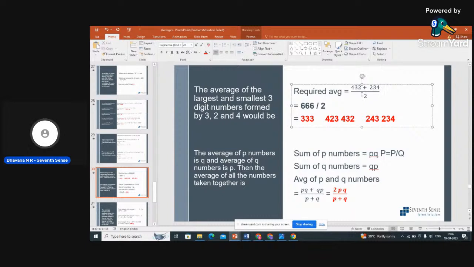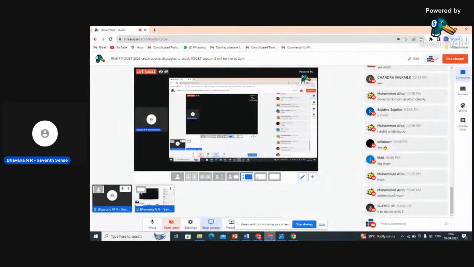So we divide by the number of observations. That is the formula for the average: the sum of all observations divided by the number of observations. Okay, did you get this now? Why divide by 2?